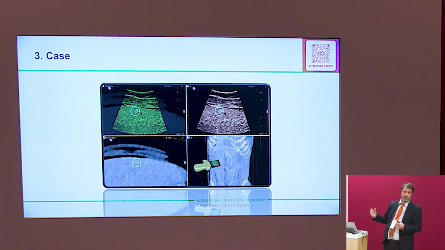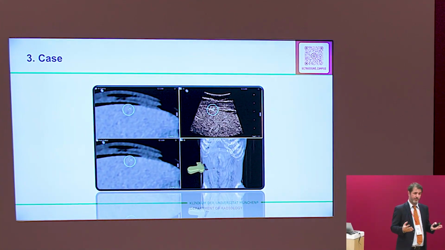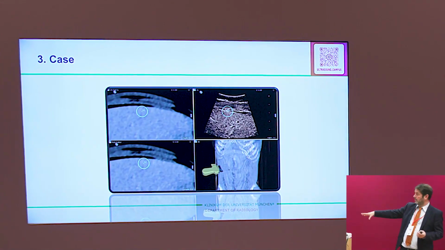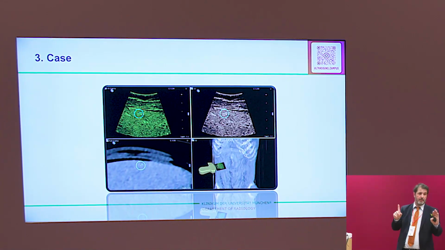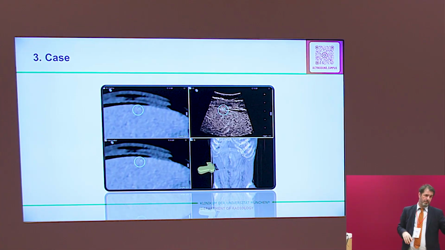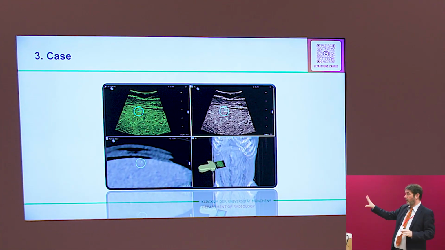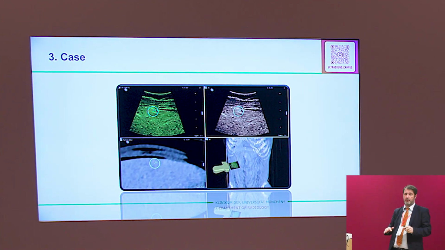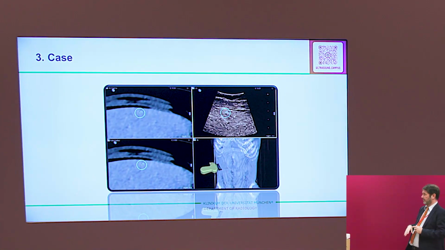You still see it's completely filled with contrast. There are different settings available, so it must not be side by side. You can have either a big image or these kinds of 4 images, or 1 big and 3 small. So whatever you prefer is available.